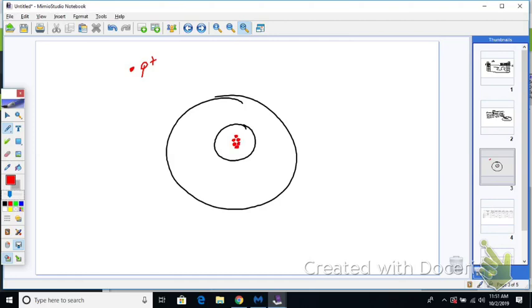For this one, you're going to have neutrons in there. I'm going to put neutrons as blue. And then on the outside here, you're going to have electrons.